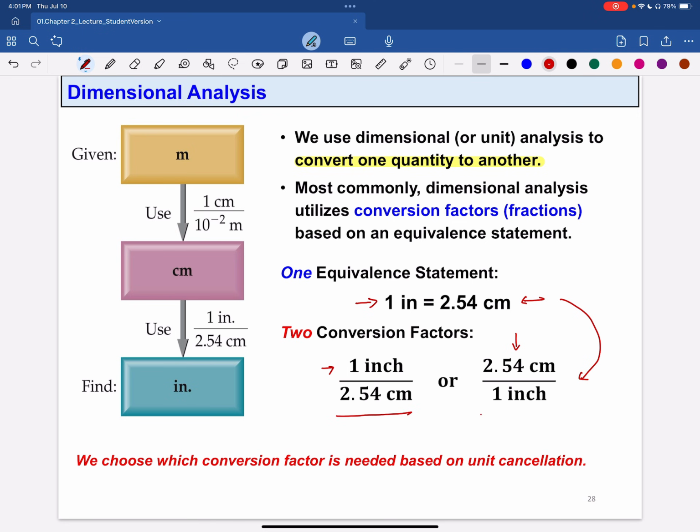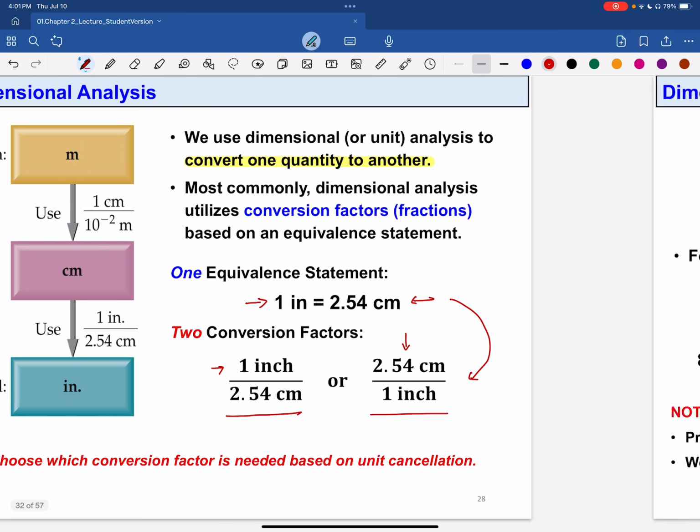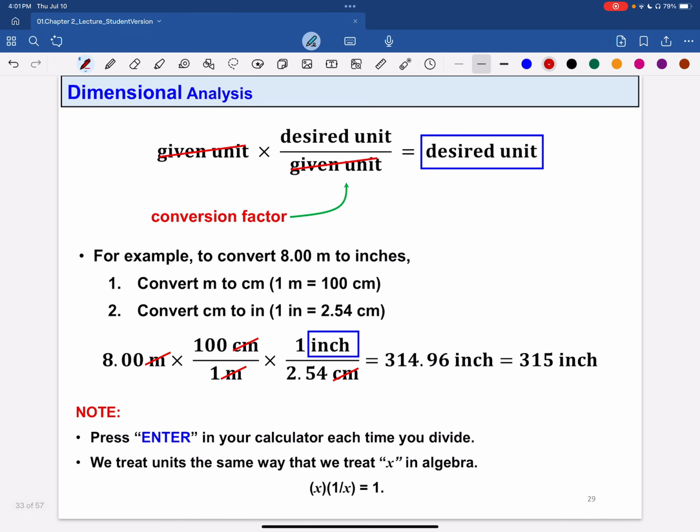Which factor to use depends on what unit you want at the end. So, for example, if I want to convert meters to inches, because I know 1 inch equals 2.54 centimeters, first I have to convert meters to centimeters, then centimeters to inches.